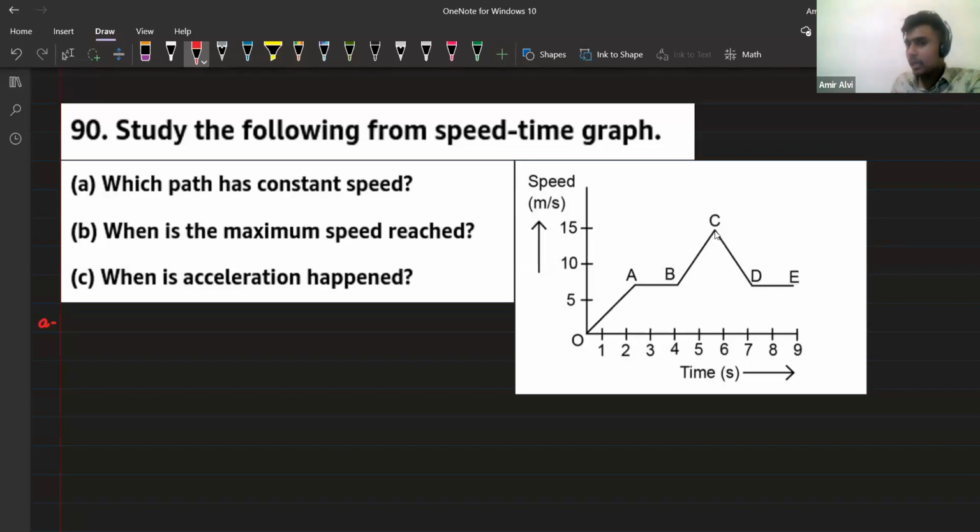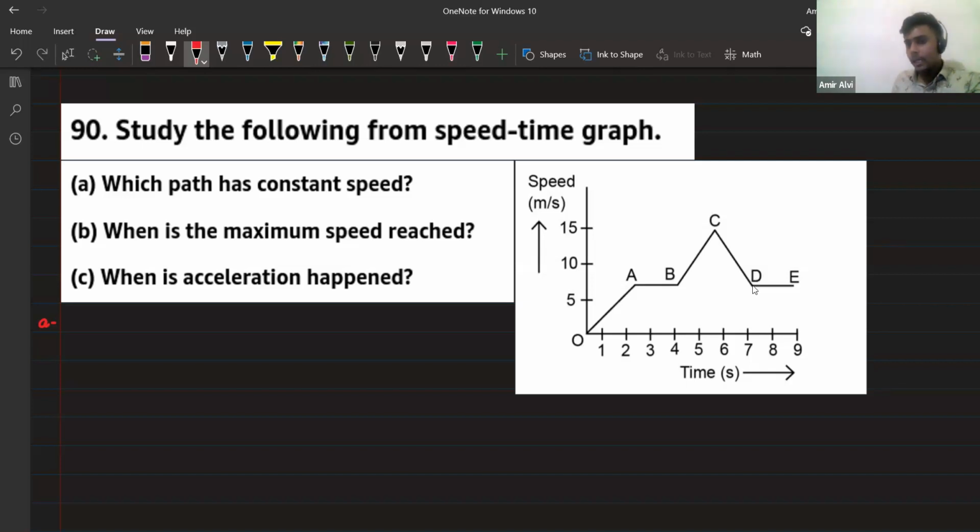When the car reached point C, the graph goes downwards in a straight line. So it means that the car has decreased its velocity uniformly. It is the uniformly retarded motion. The graph is going downwards with a straight line, so the retardation or deceleration is also constant, right?